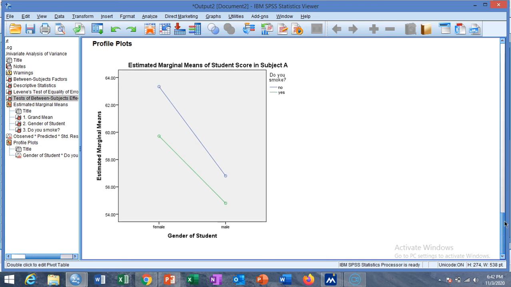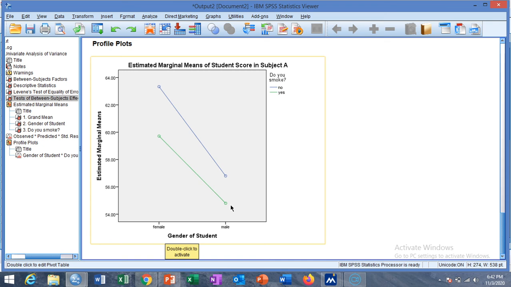In this plot, we took the gender of student on the x-axis and the smoking preference as separate lines. The no group is denoted by the blue line, and the estimated marginal mean for the yes group is taken as a green line.